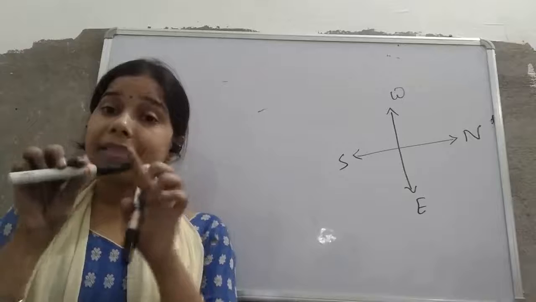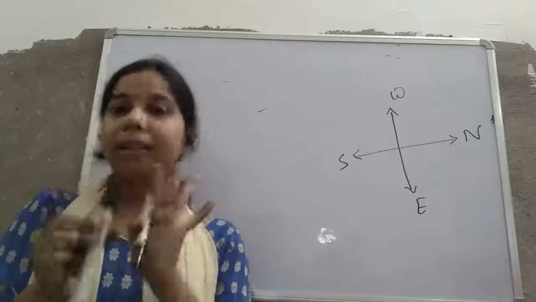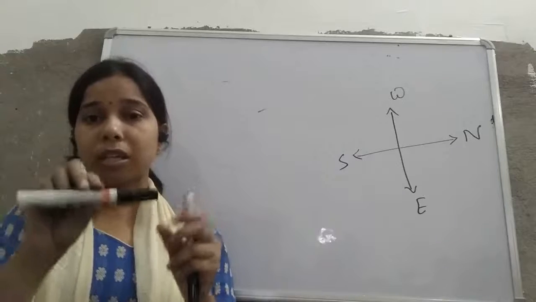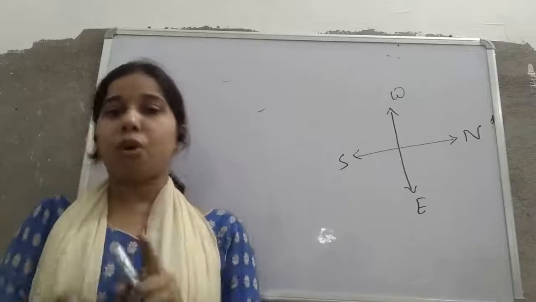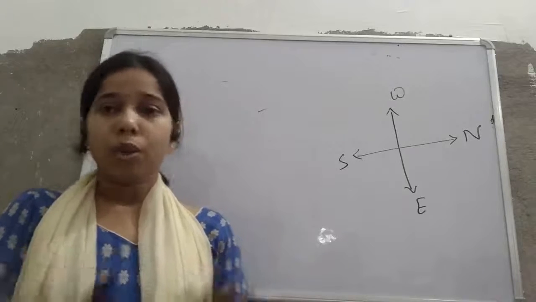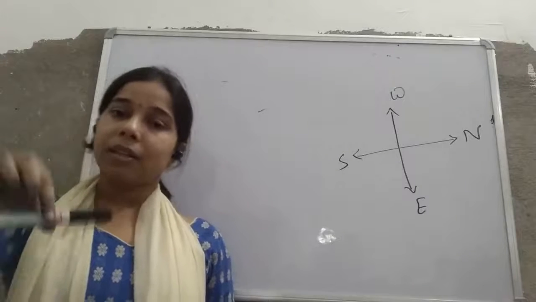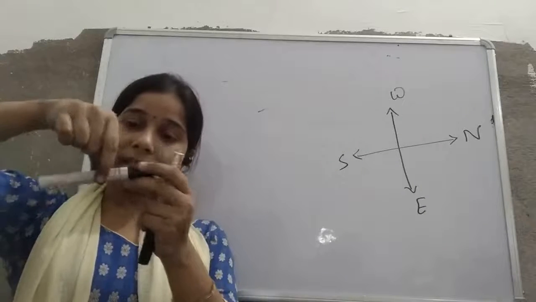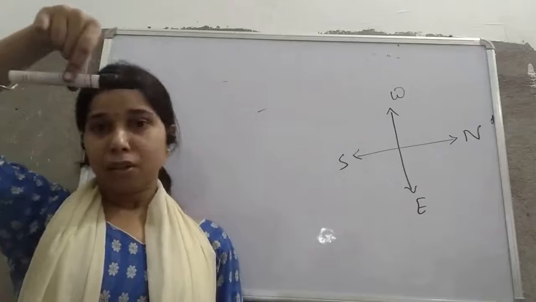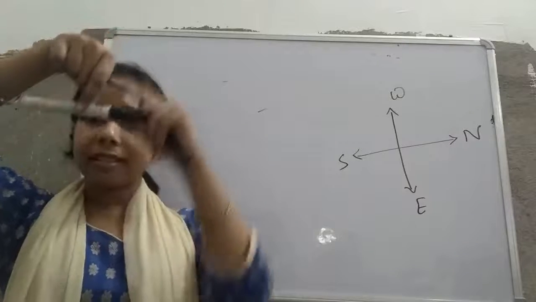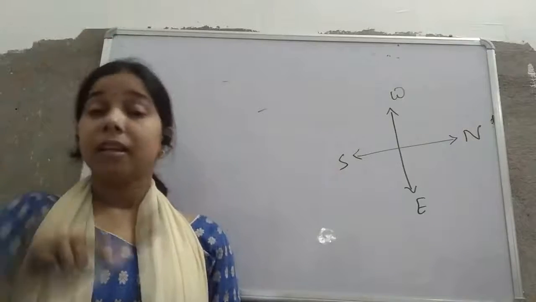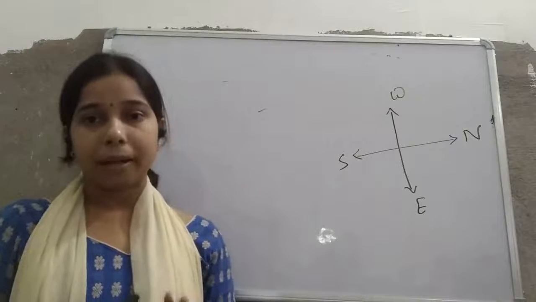It means the ends are free. The magnet is free now. You are not forcing it to be in this direction or that direction. You have left the magnet freely, and it is suspended, tied with the thread. So the ends are free. It is suspended with the help of a thread. That is a freely suspended magnet.